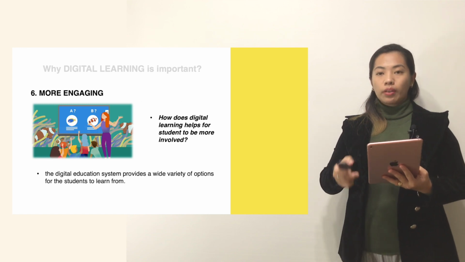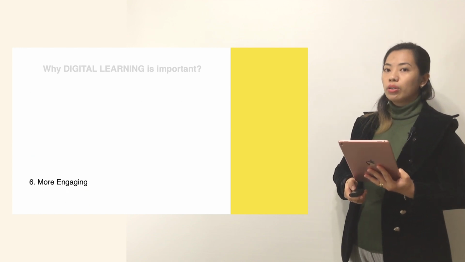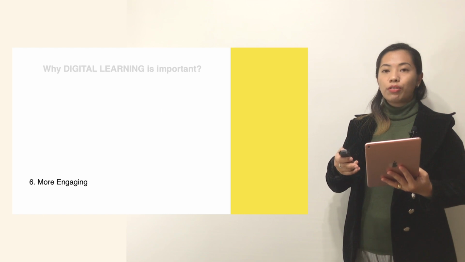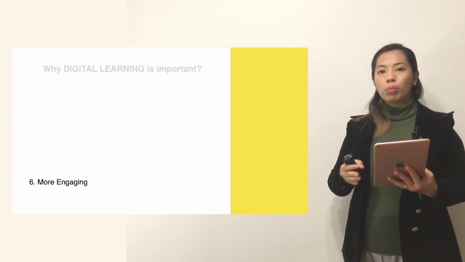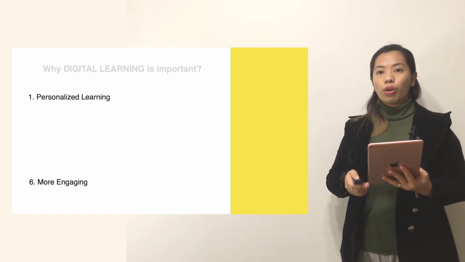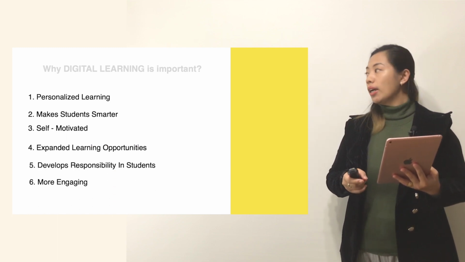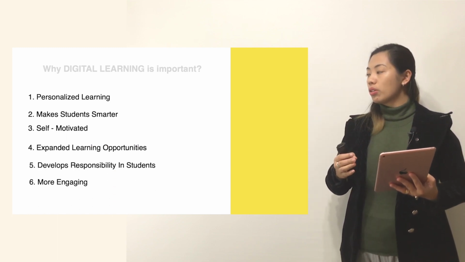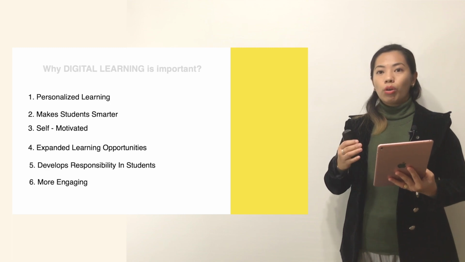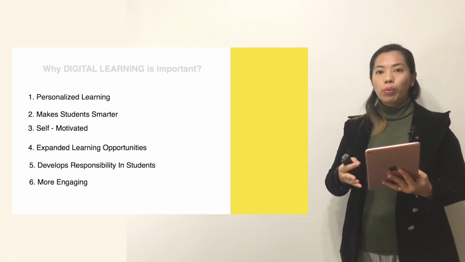Now, to summarize the different importance, actually there are more benefits of learning inside the classroom. But what I just discussed with you are just the summary of why digital learning is important.